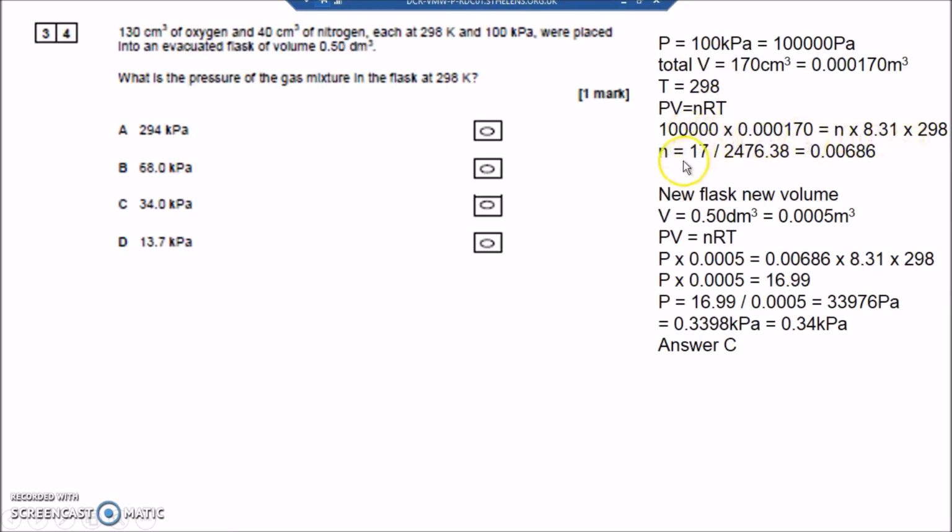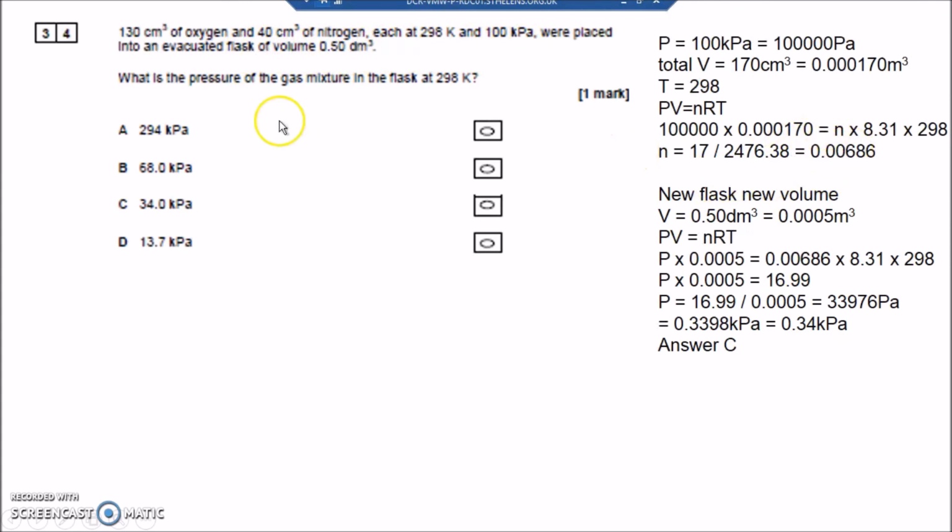I'd always multiply these out first, and these two multiplied together equals 17. These two multiplied out together equals 2476.38. Divide the 17 by the 2476.38. The combined number of moles of oxygen and nitrogen that I've got is 0.00686 moles.